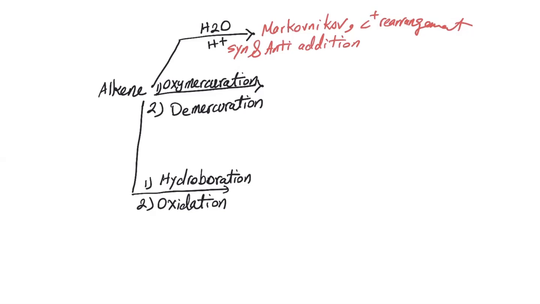Okay, the next reaction, oxymercuration, demercuration. The reagent in step one is Hg(OAc)2 with H2O. And step two is sodium borohydride, NaBH4.